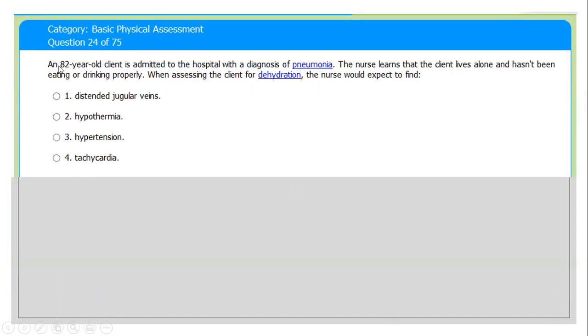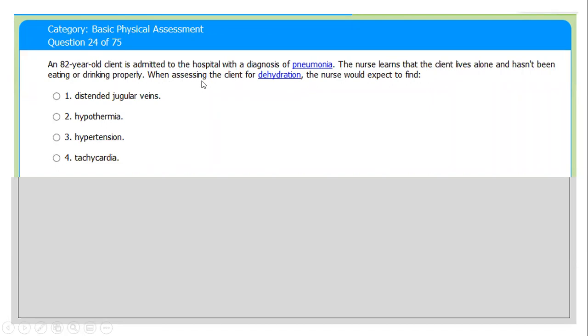Next question. An 82-year-old client is admitted to the hospital with a diagnosis of pneumonia. The nurse learns that the client lives alone and has not been eating or drinking properly.